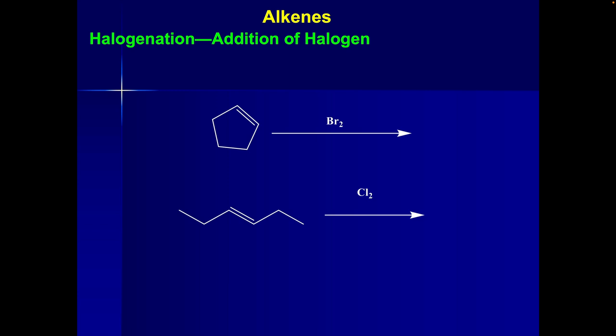when the bromide comes in from the back and attacks this carbon, what does it do to this bond? Breaks it and forms a bond here, right? I've really got this all messed up. There we go. What can you tell me about these halogens now, these two bromines?